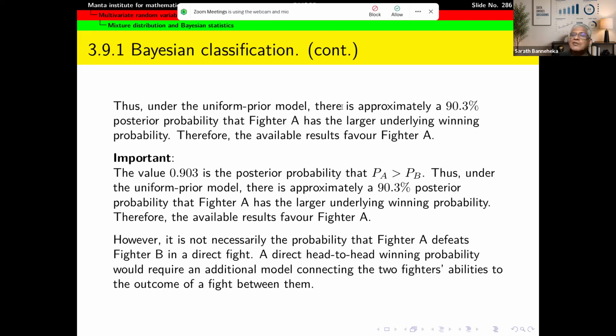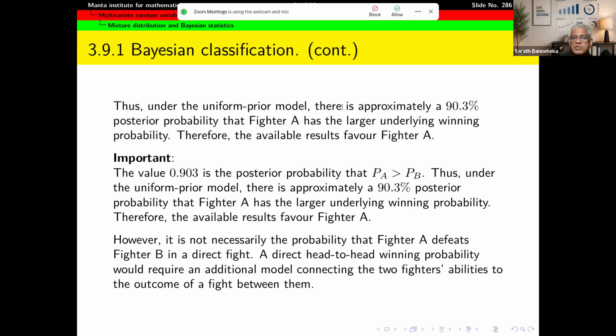But I would like to mention that usually when you talk about probability, it is better to avoid percentage, because we know that probability is always a number between 0 and 1, whereas percentage is a number between 0 and 100. So it's not good, even though it's kind of intuitive and we understand what we mean by that. Especially technically, when we talk about probability, it is not good to express probability in terms of percentage.